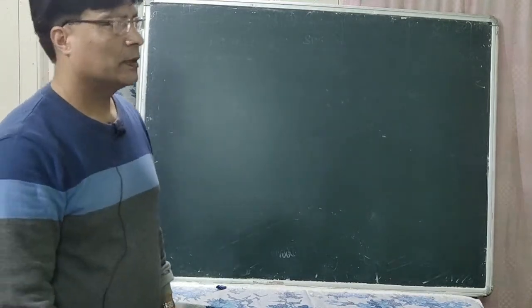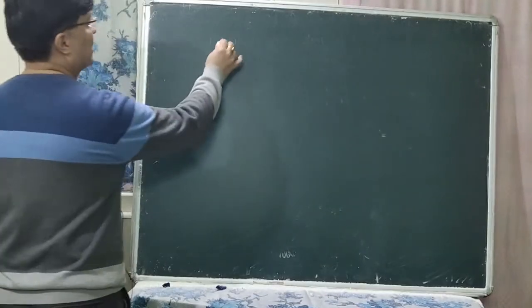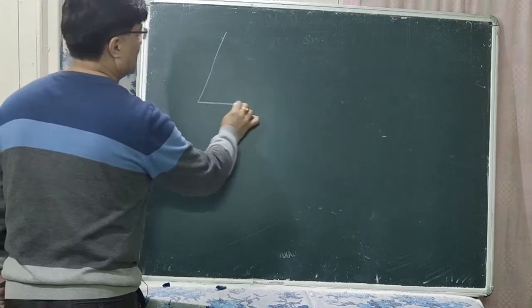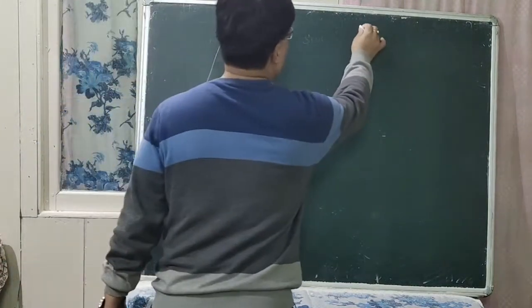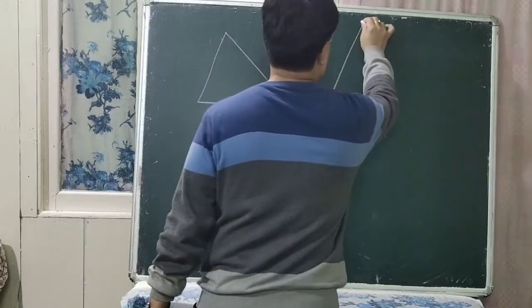So now, if the two triangles are similar to each other, then their corresponding sides are also proportional. So what is meant by proportional? Suppose there are two triangles. This is one triangle and this is another triangle.